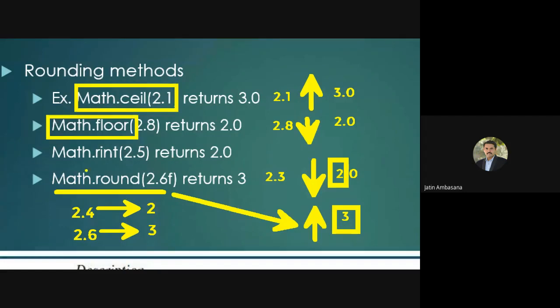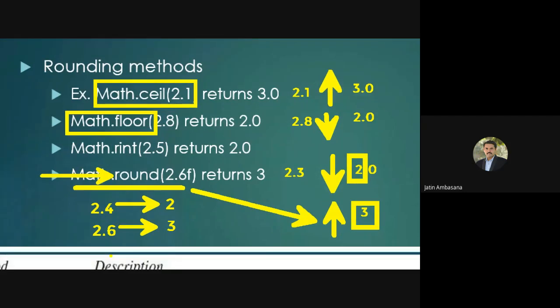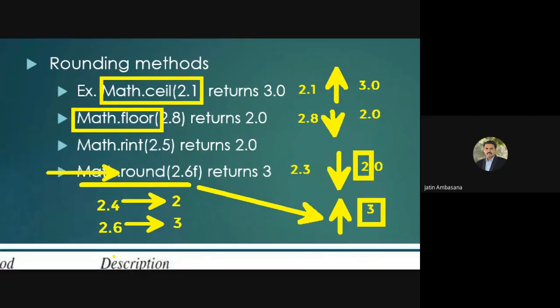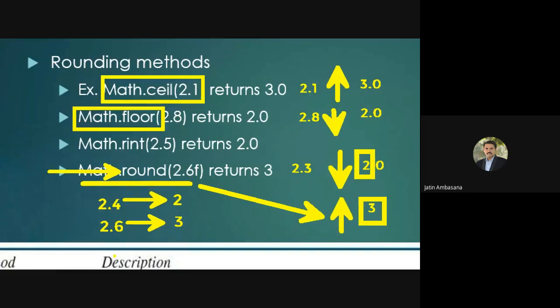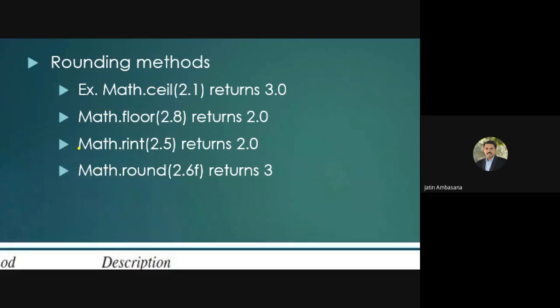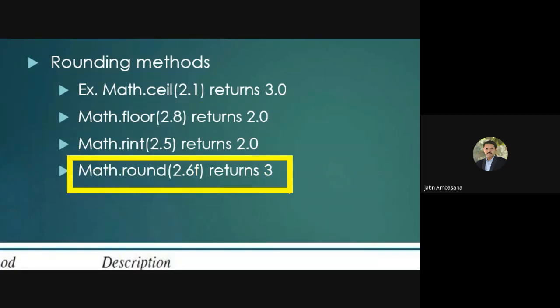So math.round works in this particular fashion. You have to make sure you use round properly, otherwise there might be a mistake. According to the decimal point value, it either gives you the result as per math.ceil or as per math.floor.